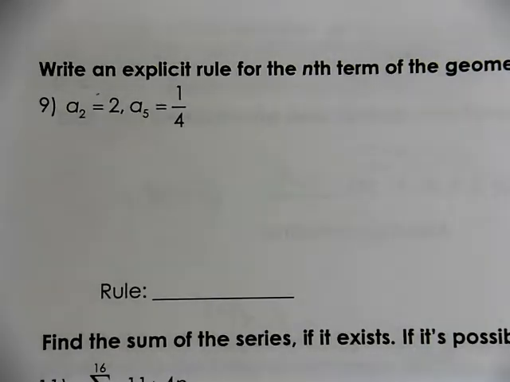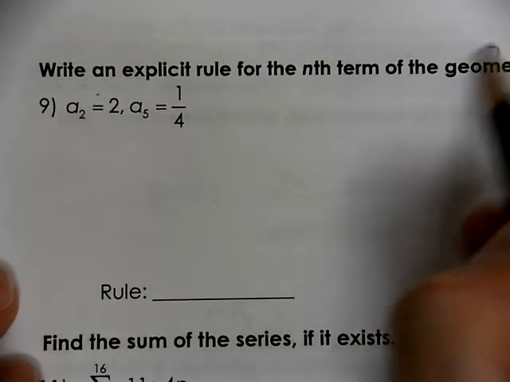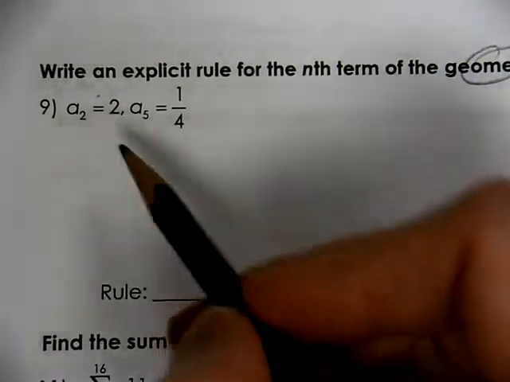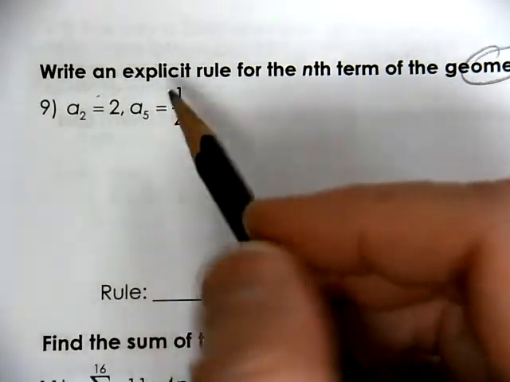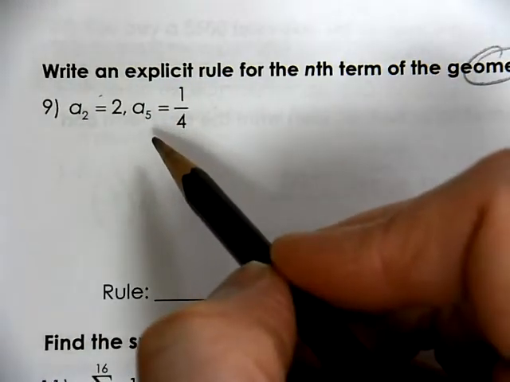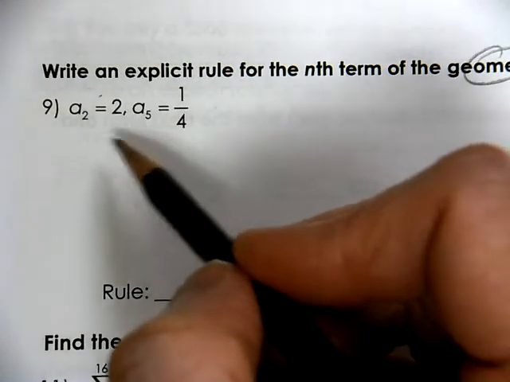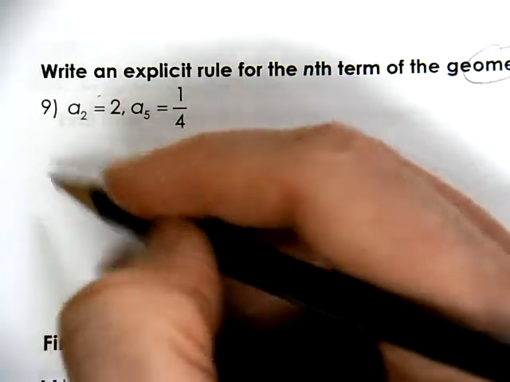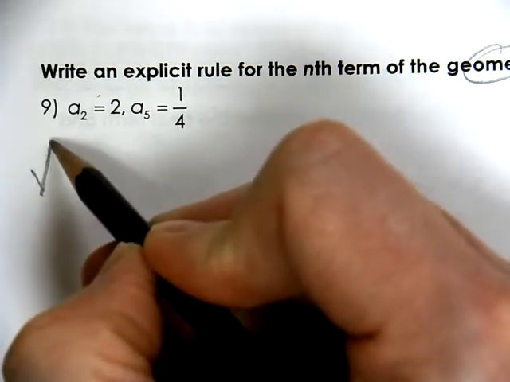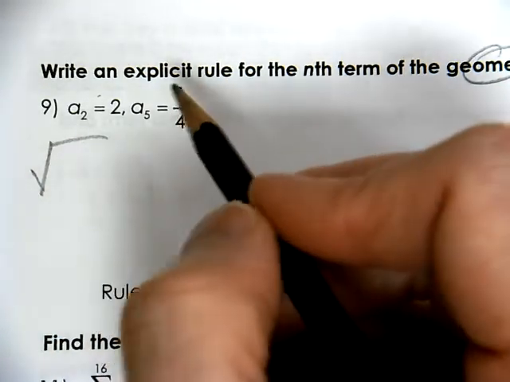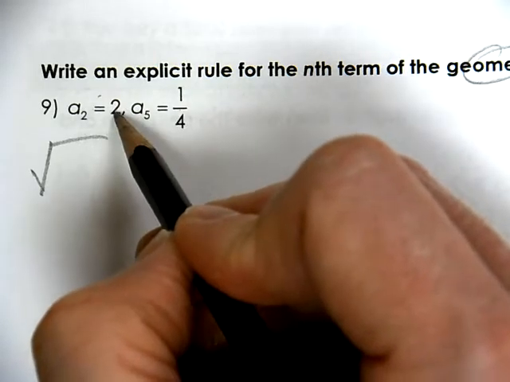Here we're going to write an explicit rule for a geometric sequence. Now here, there are a couple different ways that we can go about trying to solve this. There was a method that we talked about the other day, which was taking a radical of one term.